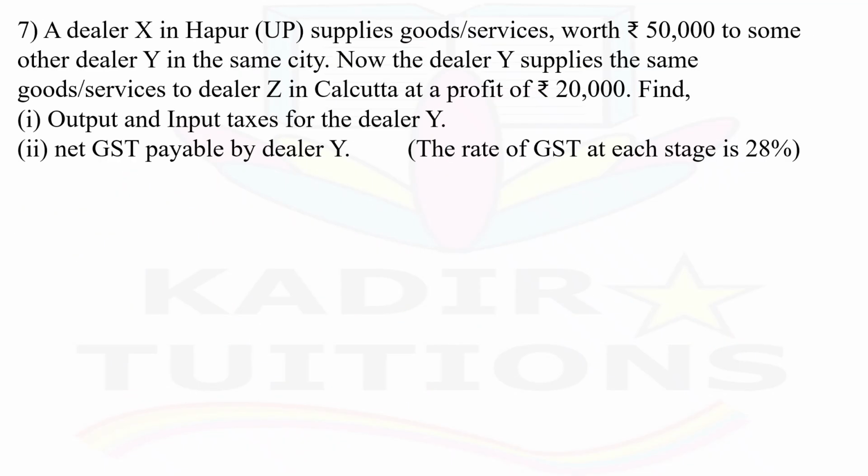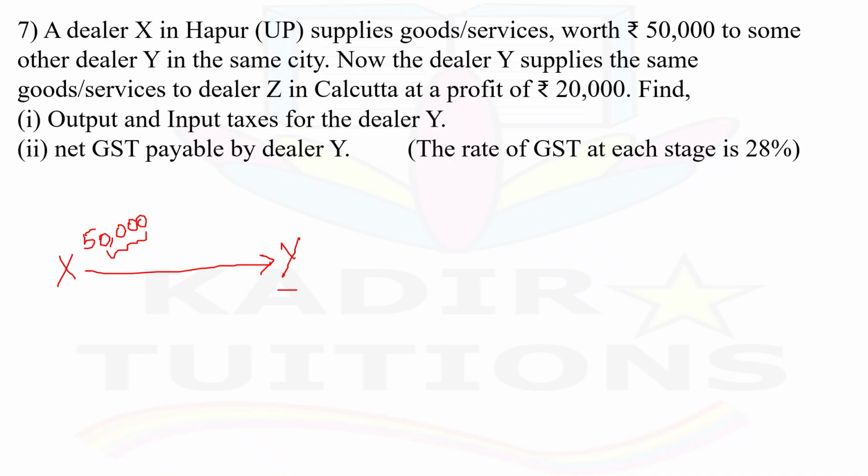Here the question is a dealer X. So the dealer X in Hapur, UP supplies goods or services worth 50,000 to some other dealer Y in the same city. So what is the cost? It's nothing but 50,000, the value of goods or services.